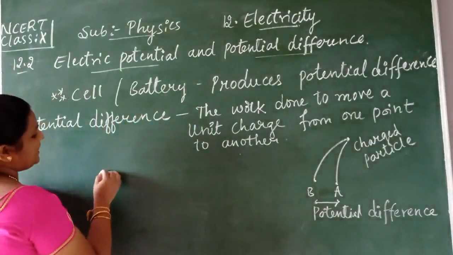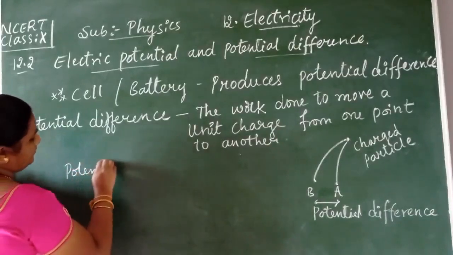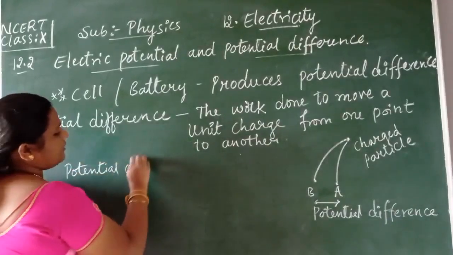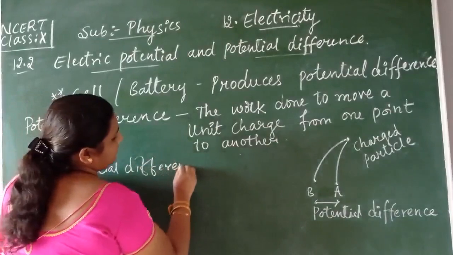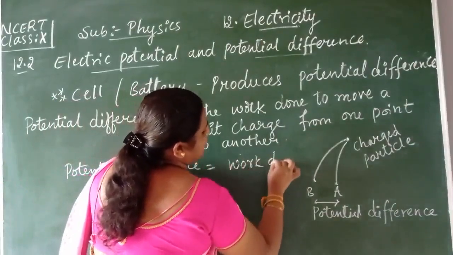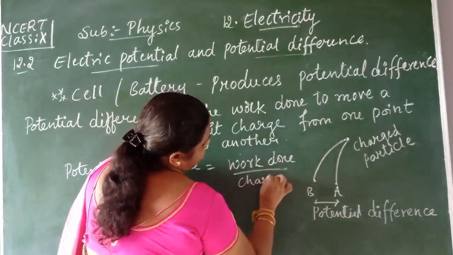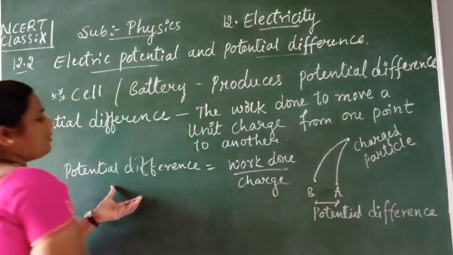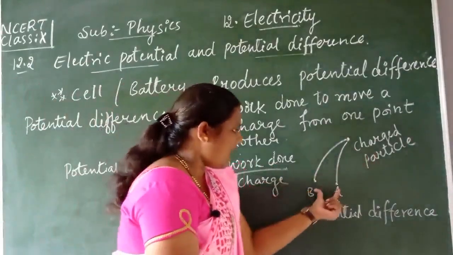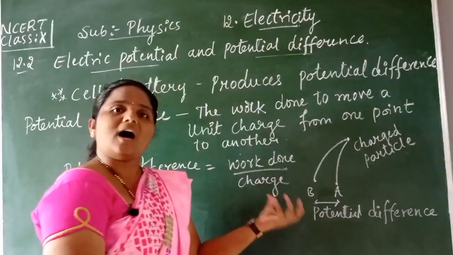Mathematically we can write potential difference is equal to work done divided by charge. See here, the potential difference is nothing but the amount of work done in bringing a charged particle from one point to another point.